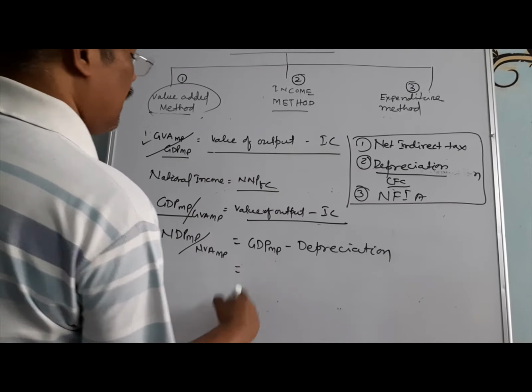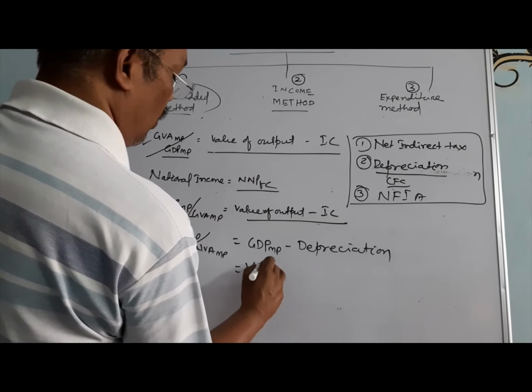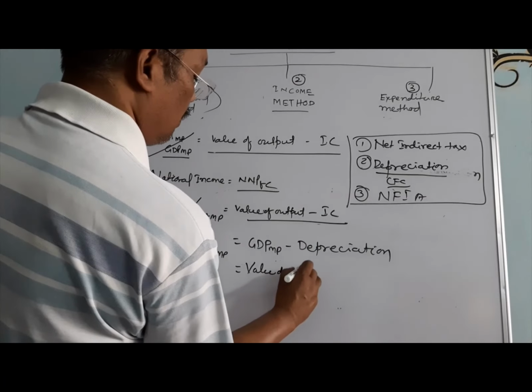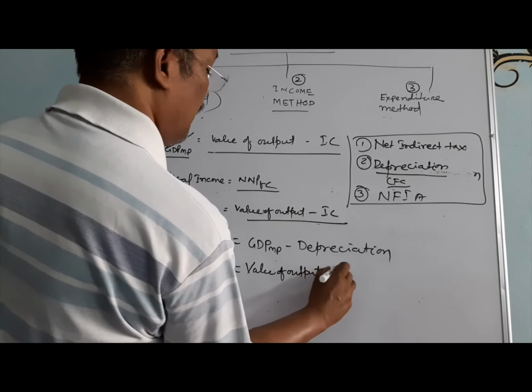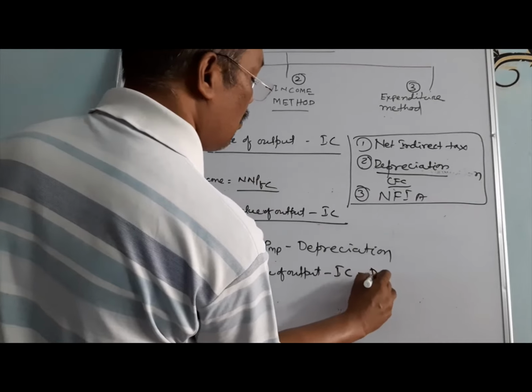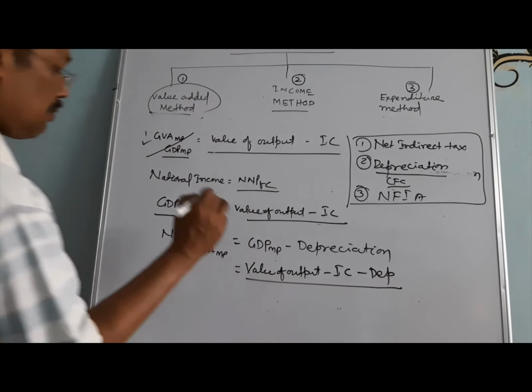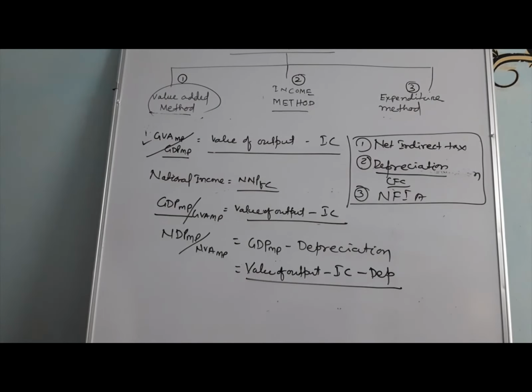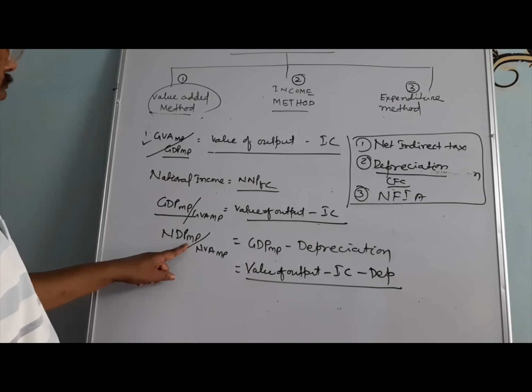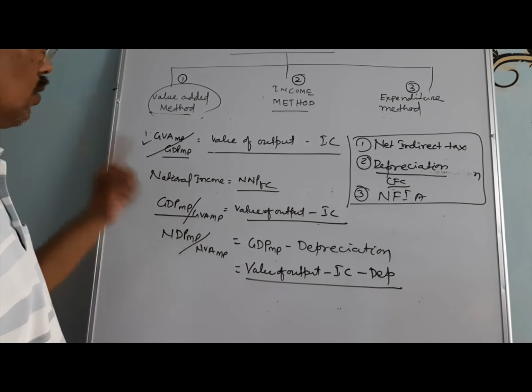Or we may write value of output minus intermediate consumption minus depreciation. This is called the net domestic product at market price or net value added at market price.